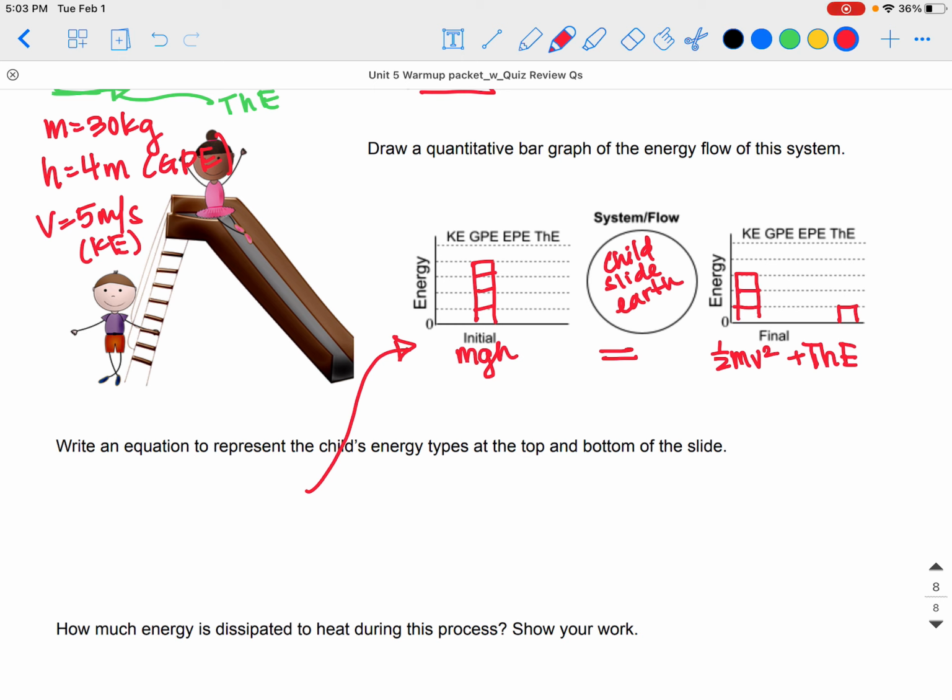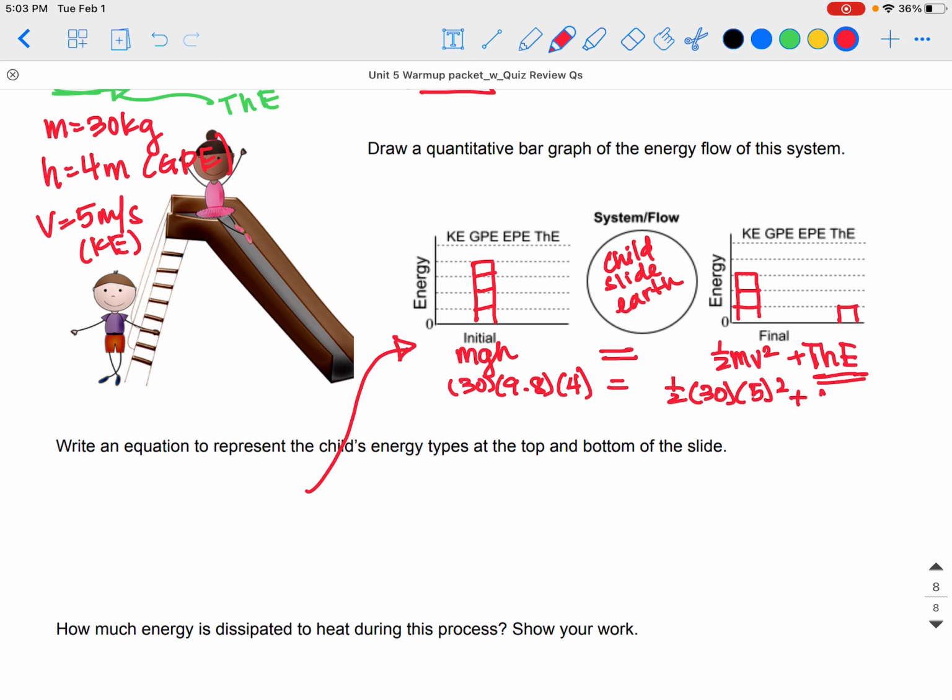Since we don't have an equation for thermal energy, the way you solve for it is that it's whatever is left over once you've calculated mgh and 1/2 mv squared. So go ahead and do that. I've got a mass of 30, gravity is 9.8, height is 4, and I've got 1/2, again, a mass of 30, velocity of 5 squared.